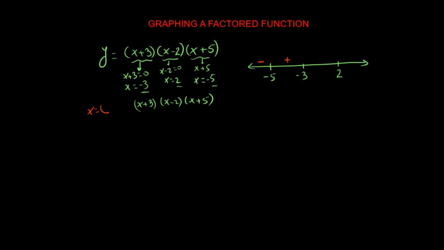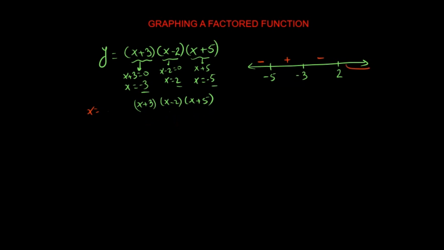When x is 0, then we have 0 plus 3, a positive number, 0 minus 2, a negative number, 0 plus 5, a positive number. Now, when you multiply, positive times negative gives you a negative number. Negative times positive gives you a negative number. So overall, the value is negative.